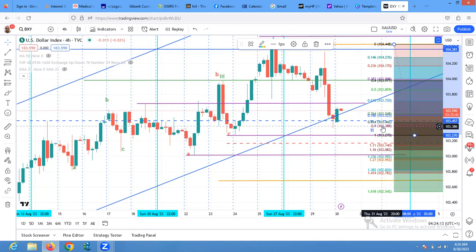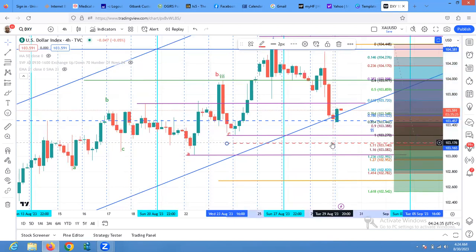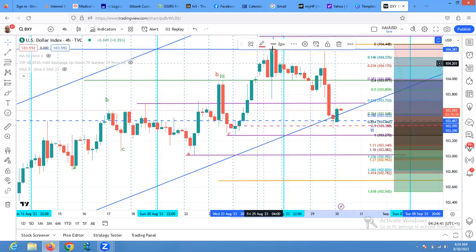Except what we are seeing here from the DXY, because here, if we say this is the origin of wave 1 to this point, and that this is wave 2, these are already broken 89. It's supposed not to get to this point, okay?